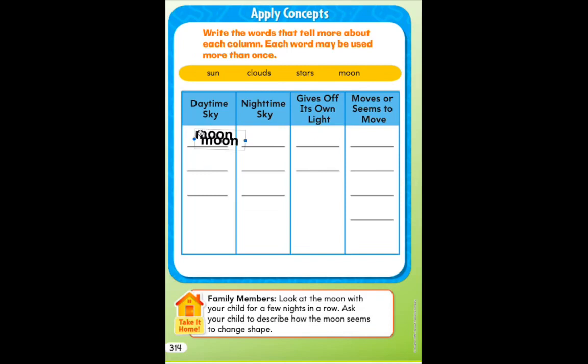You will always see these two things in both the daytime and nighttime sky, okay? So over here we are going to write cloud. And what else do you see in daytime? You see sun. So let's write sun.